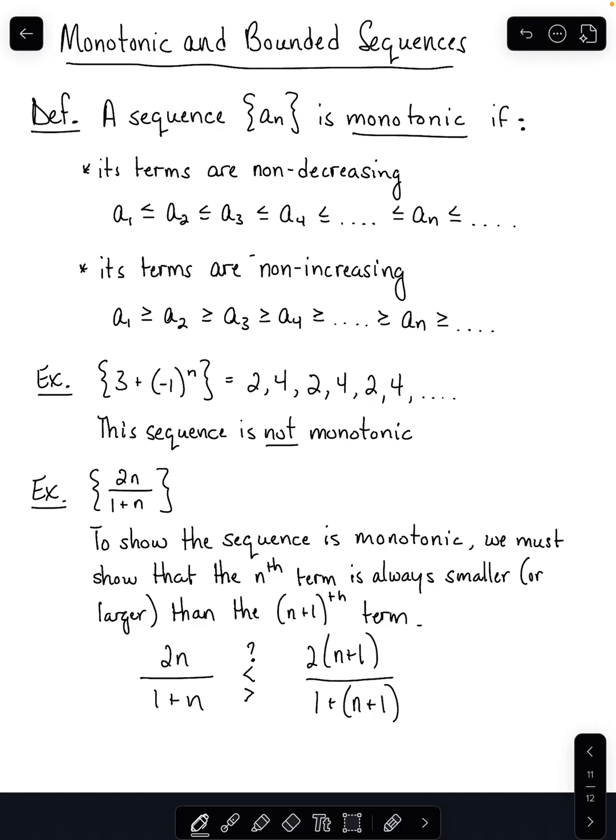So let's do some algebra. We have 2 times n over 1 plus n. And then the other fraction, we can distribute the 2 in the numerator. And in the denominator, we can combine the like terms.